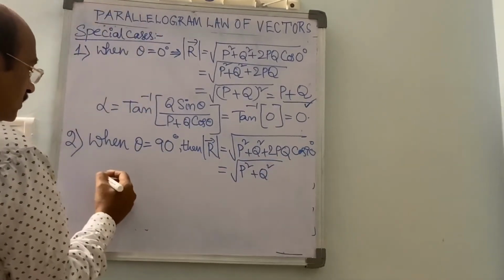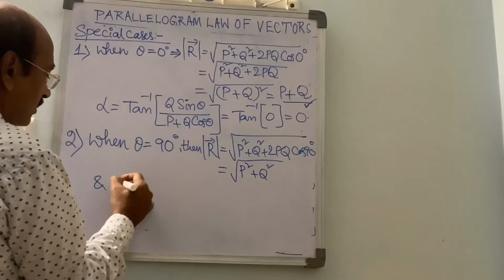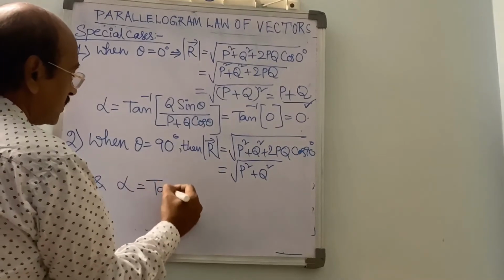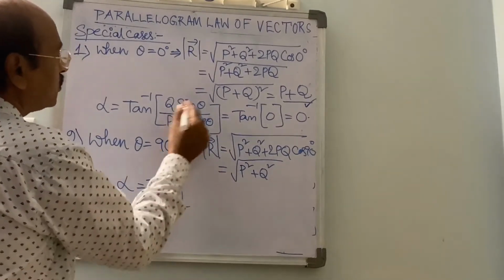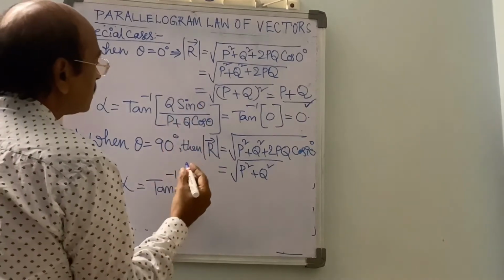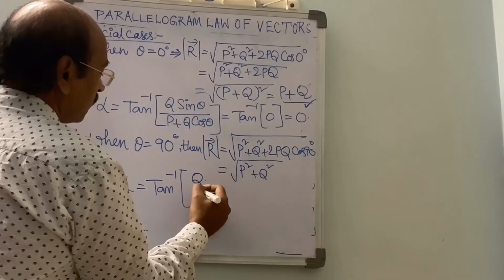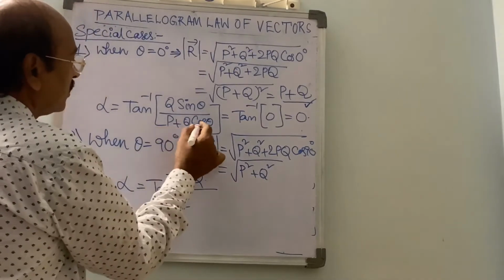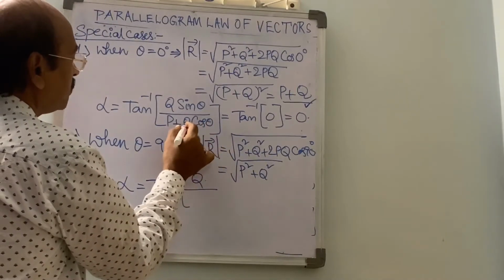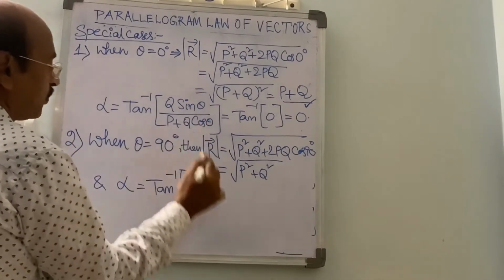And alpha is equal to tan inverse of q sin theta over p plus q cos theta. Sin 90 is 1, therefore q into 1 is q, and q cos 90 is 0, so the denominator is just p.